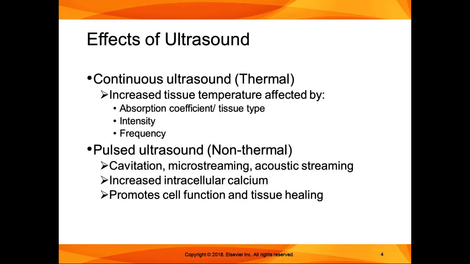We want to be able to increase the metabolic rate, reduce or control pain, reduce or control muscle spasm. We want to alter nerve conduction velocity and increase circulation. And we want to be able to increase soft tissue extensibility.